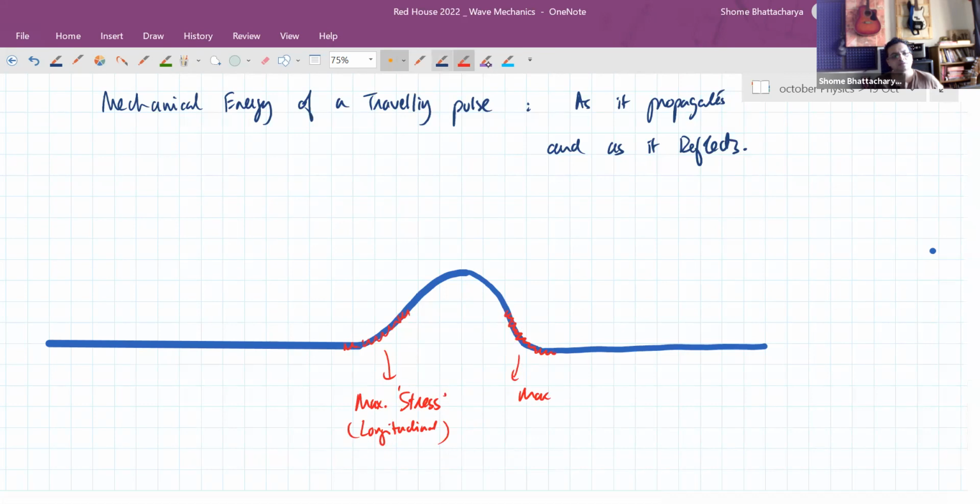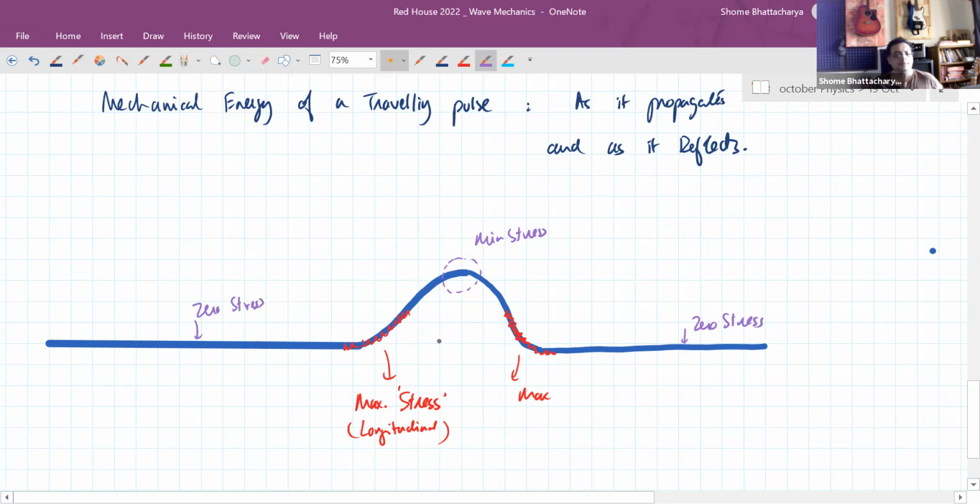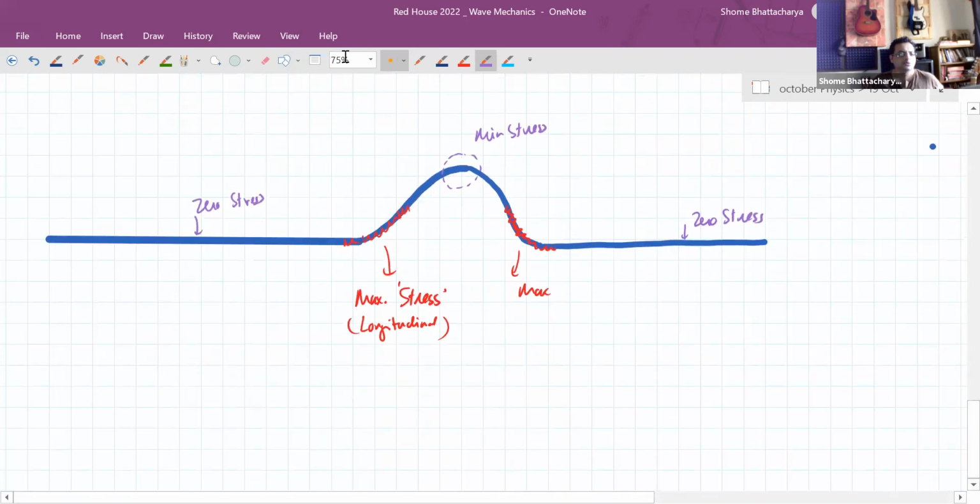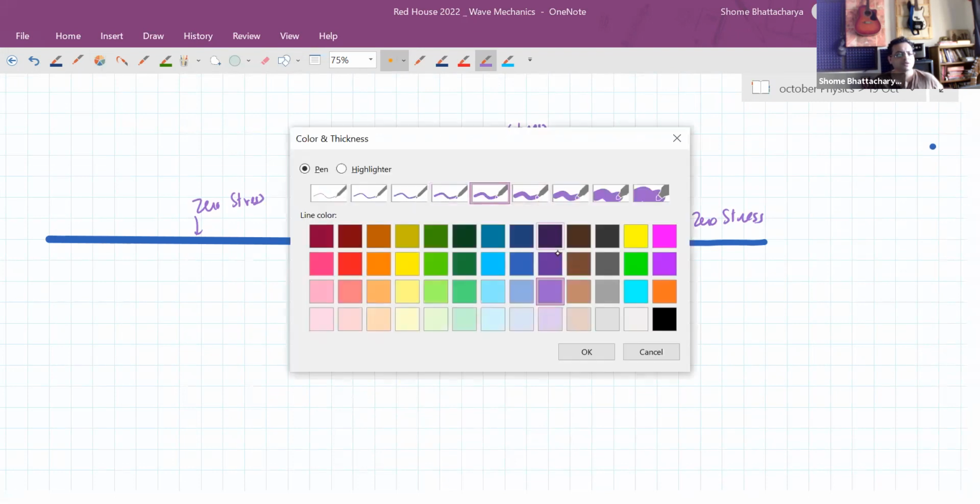Again, this part has minimum stress. And this here has zero stress. This here has zero stress. Now also, one more thing you'll understand is how the medium particles are moving as this pulse progresses. So let's understand that also.